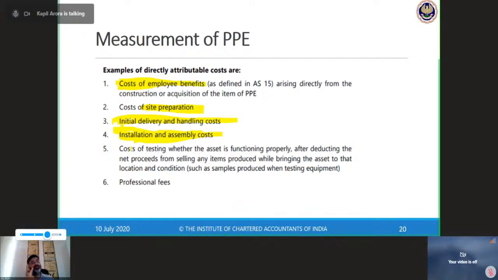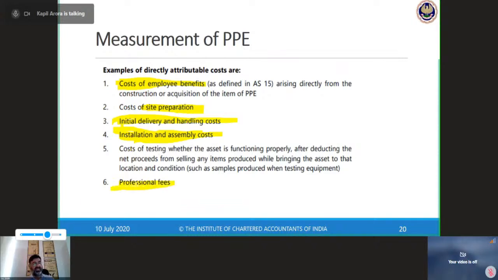All these amounts which we are talking about are nothing but the directly attributable, required expenses. The bribe will never be included, as I mentioned. You can never show what you have paid.